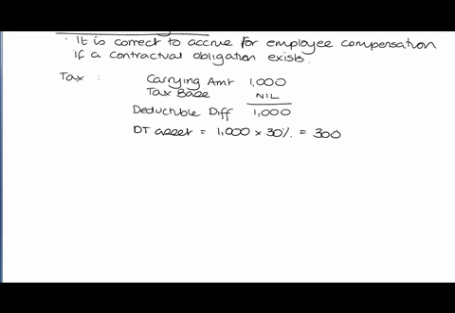It's 300. So we debit deferred tax asset 300 and we credit the income statement 300.